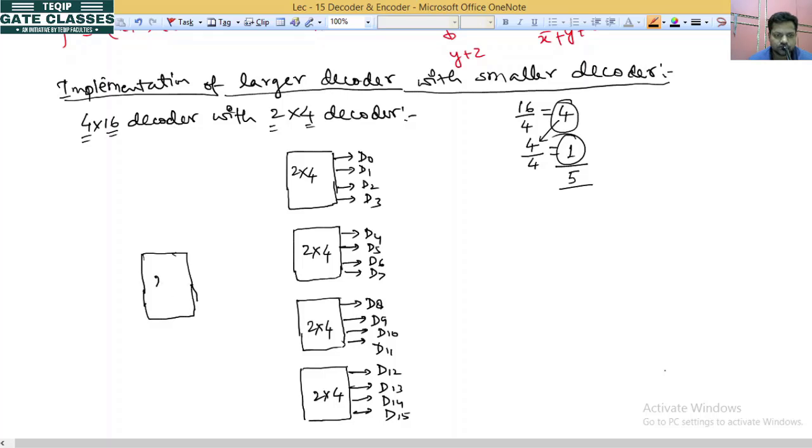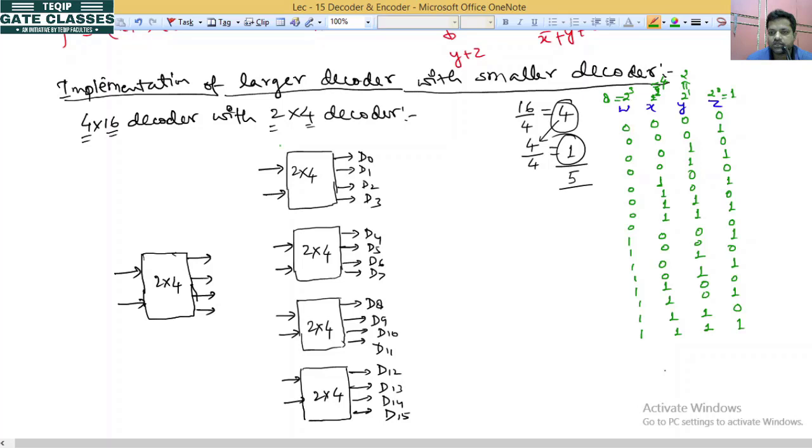This is our one more 2x4 decoder. It has how many inputs? 2 inputs and 4 outputs, okay? Again it is 2 inputs, 2 inputs, and this also has 2 inputs.